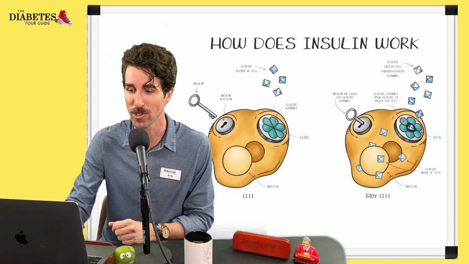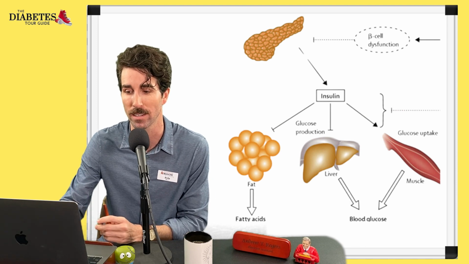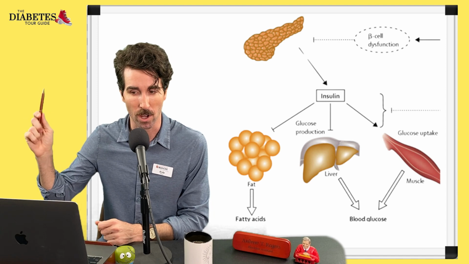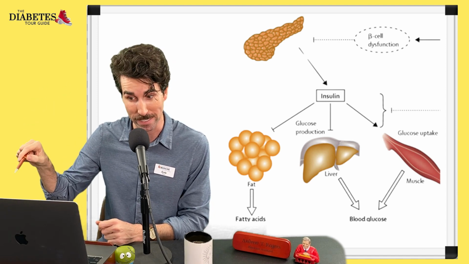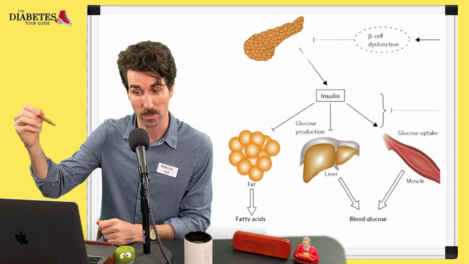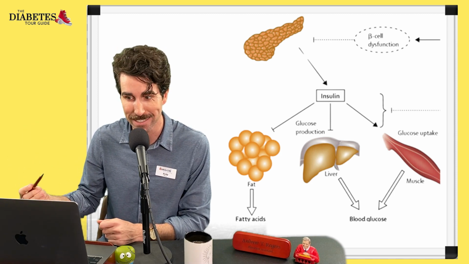So let's refer to another diagram to describe these contexts as well. You'll see the pancreas is on that upper corner. It's going to make insulin from beta cells, which then have these three primary mechanisms. Lipolysis, so it deals with fats. Remember, lipid is fat.